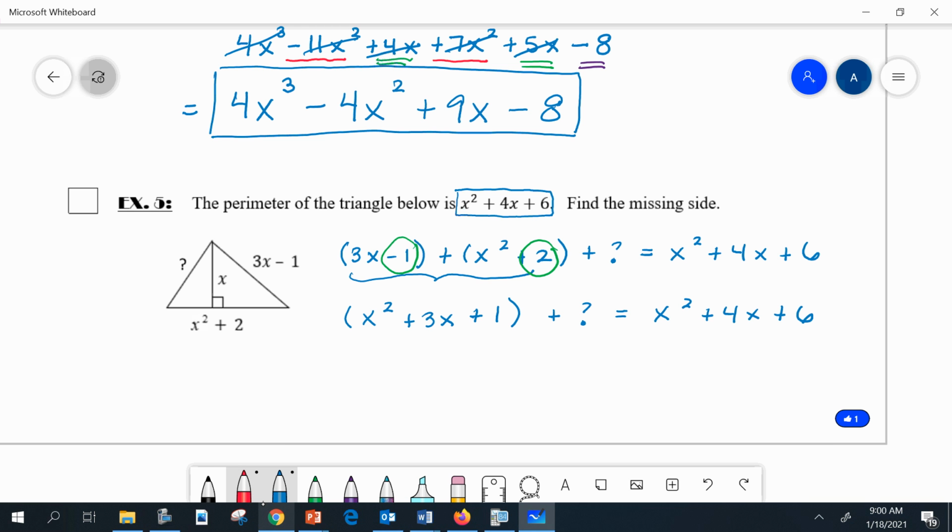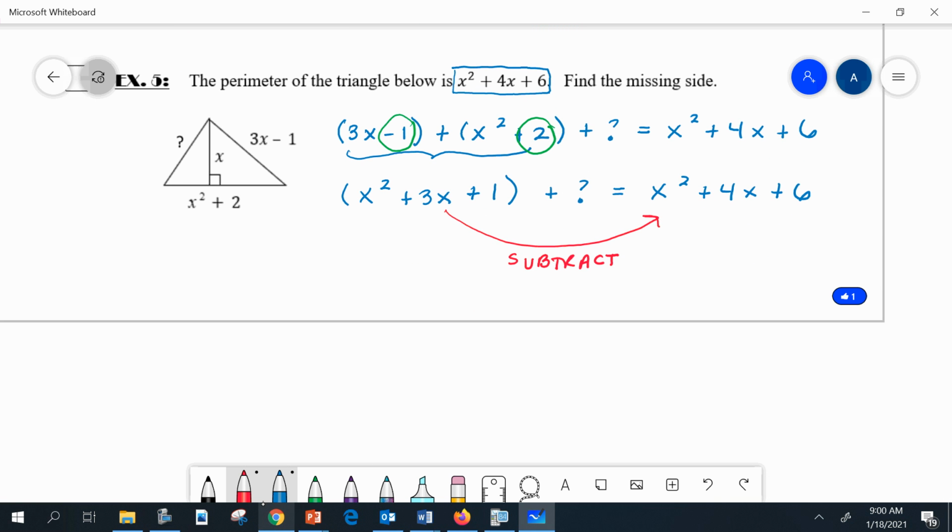So now really all I need to do is I just need to subtract. And I'm going to set up right here a little subtraction problem. So really what we're doing is I take the given perimeter, x squared plus 4x plus 6. It's right here in words. This is the given perimeter. That's the sum of the whole three sides.